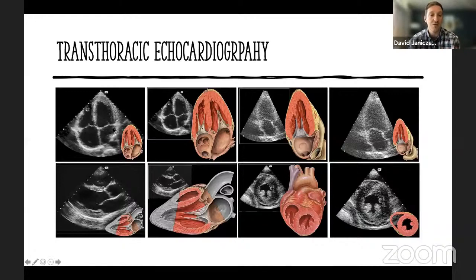You can see the valves, this is the mitral valve, tricuspid valve. And so you can basically turn the probe in different orientations and get these different images. This will relate to what we do with transesophageal echo, which I'll show you in a few minutes here. This gives us a good idea of a lot of things about how the heart's functioning.